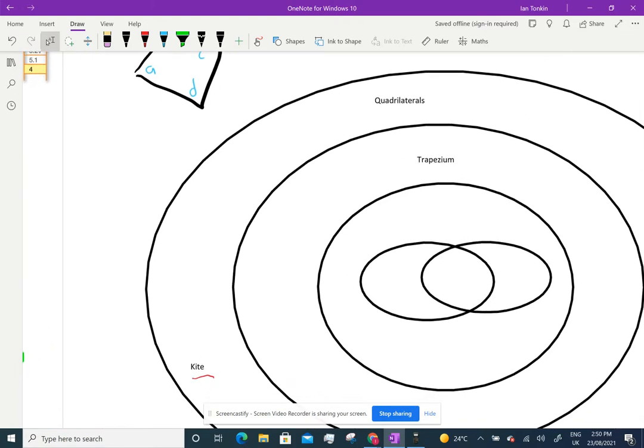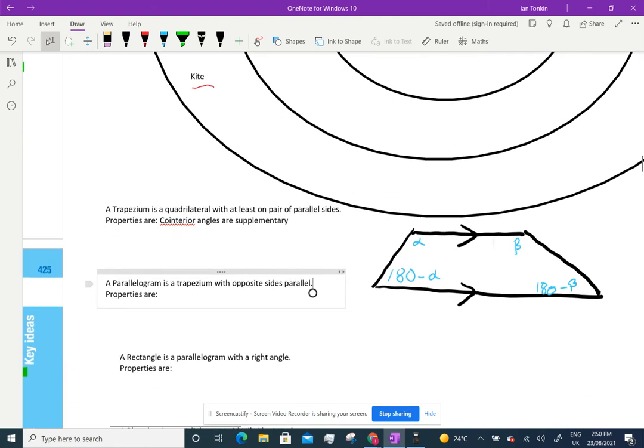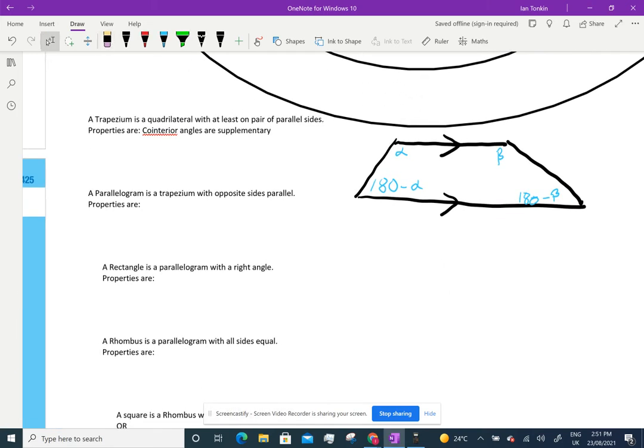Well, what comes next? A parallelogram comes next. Now, look what I've done. I've used trapezium in my definition. And because I've used trapezium in my definition, I don't need to write all the other properties. It inherits exterior angle sum, interior angle sum, co-interior angles, so I don't have to write those properties again. It's a good idea to draw it, however.